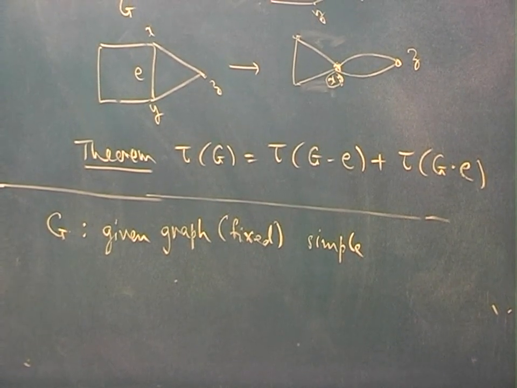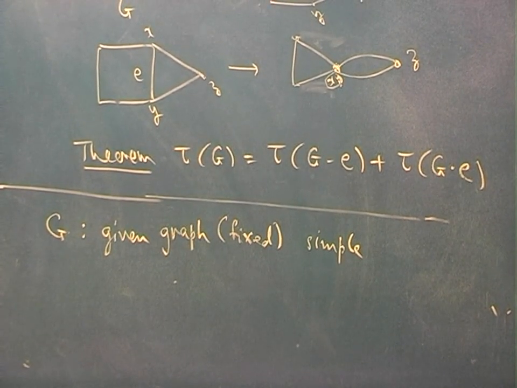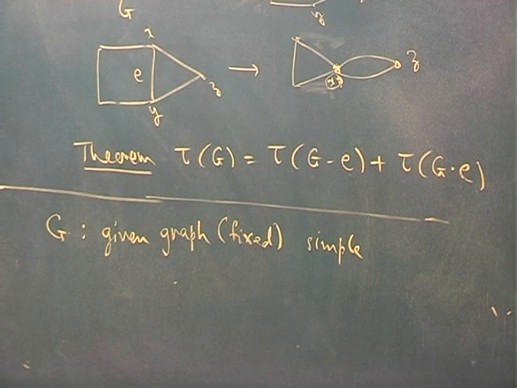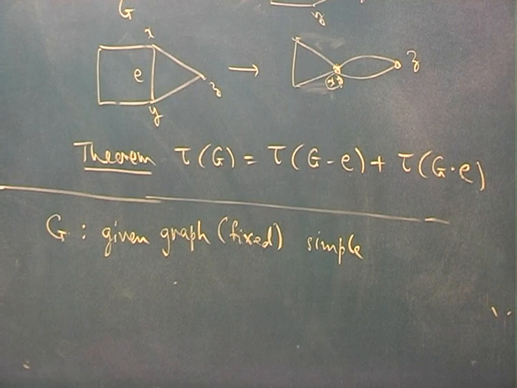What we want to do is associate two vector spaces with G. These vector spaces are vector spaces of functions on the set of edges of G.